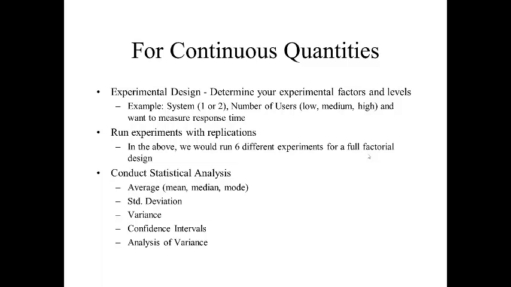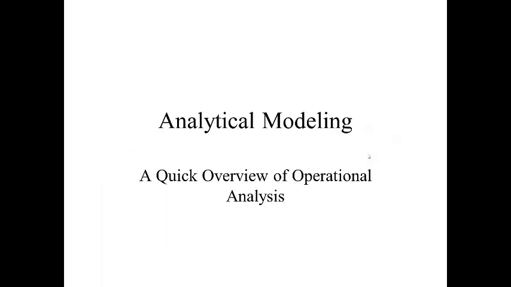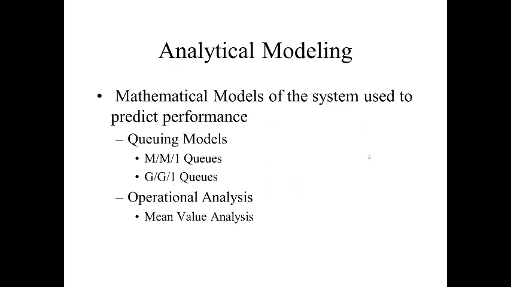So that covers a basic overview of instrumentation in order to determine performance. And now let's take a look at analytical modeling. Now this is a very quick overview of operational analysis and analytic modeling. So analytic modeling, there are 2 types.